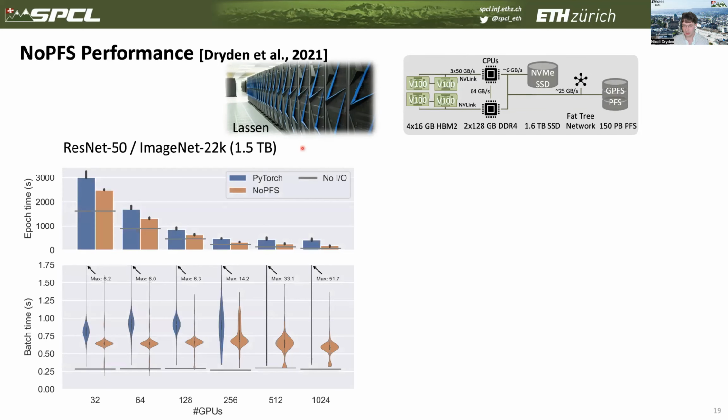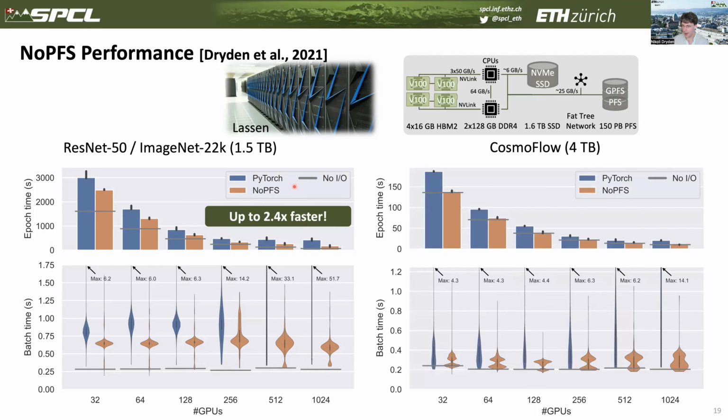And we can see that for ImageNet 22K, a fairly large dataset, we're nearly 2.5x faster using NoPFS over vanilla PyTorch. And for the CosmoFlow dataset from the MLPerf HPC benchmark, we are over 2x faster, all because of optimizing the I/O for end-to-end training.